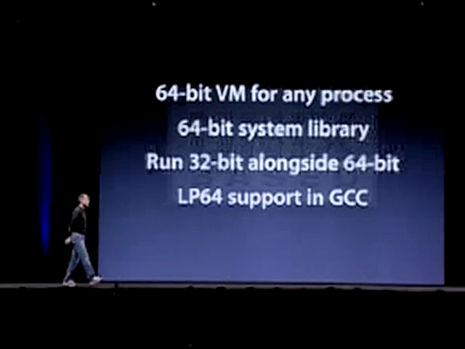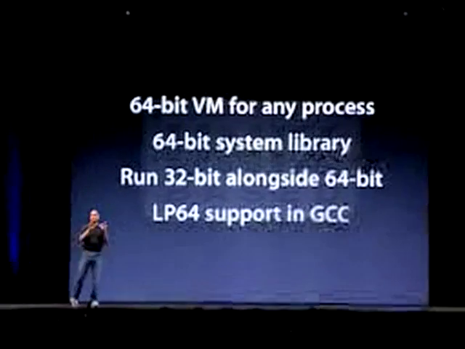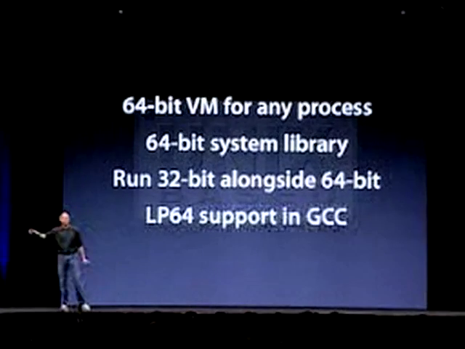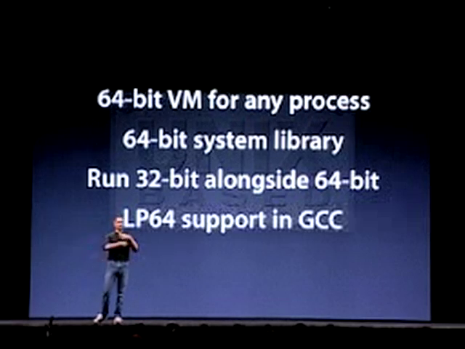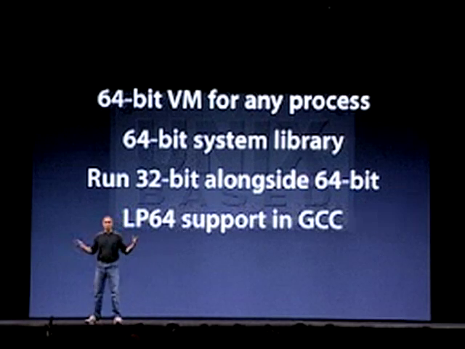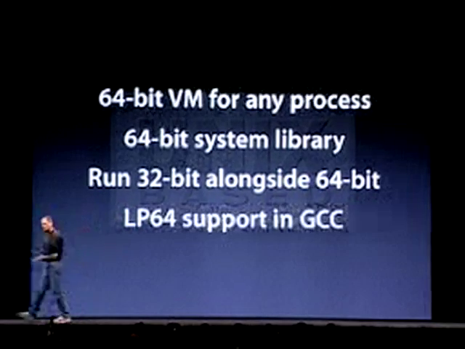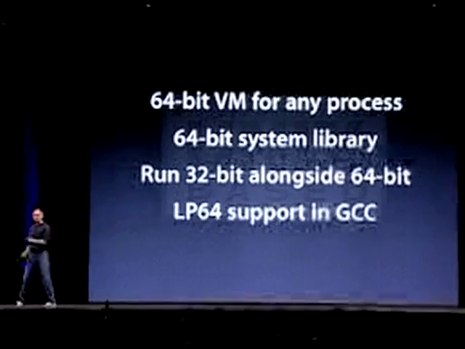We have a 64-bit system library. You can run these 64-bit processes right alongside 32-bit processes. And we have industry standard LP64 support in GCC. So 64-bit processes, if you need to address a lot of memory, whether it's for giant images, animation, scientific calculations, database, you can have 64-bit processes now in any process you want in Tiger.